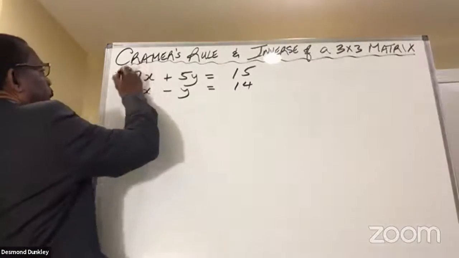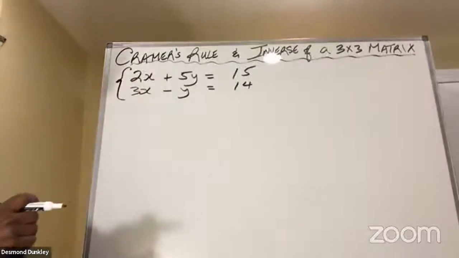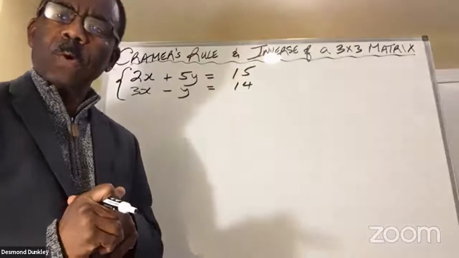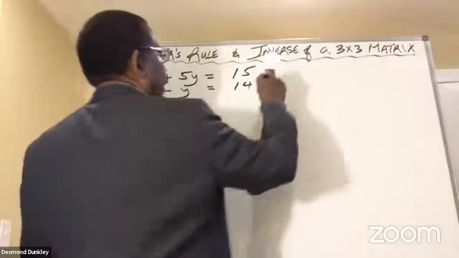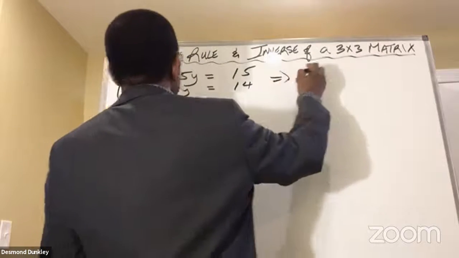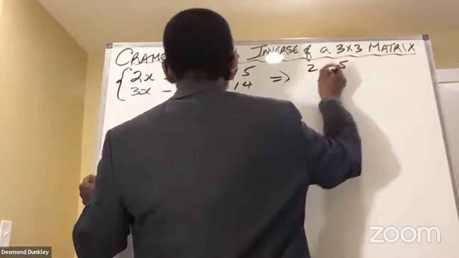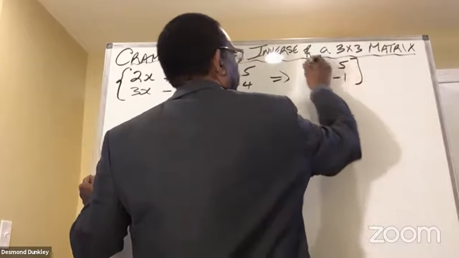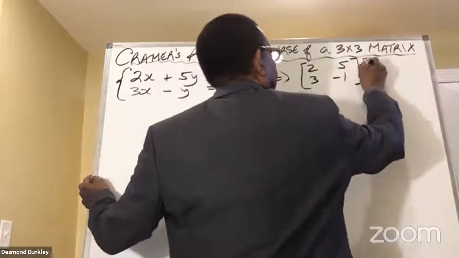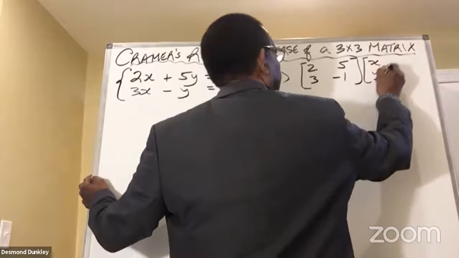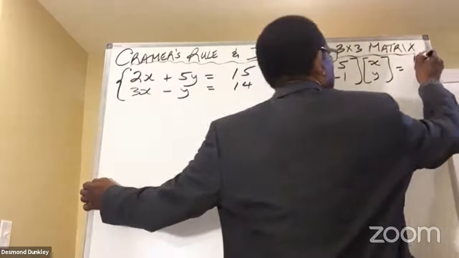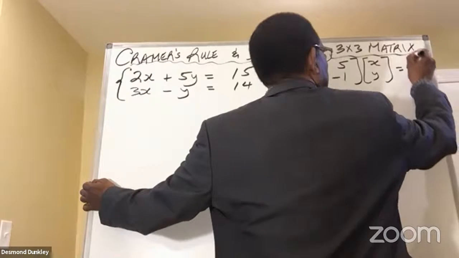Okay, so these are my two equations. And we're going to see if Cramer's rule works. So the matrix equation would be 2, 5, 3, negative 1 times x, y equal to 15, 14.